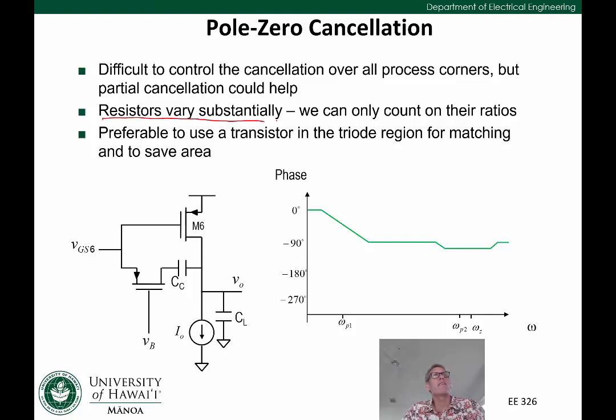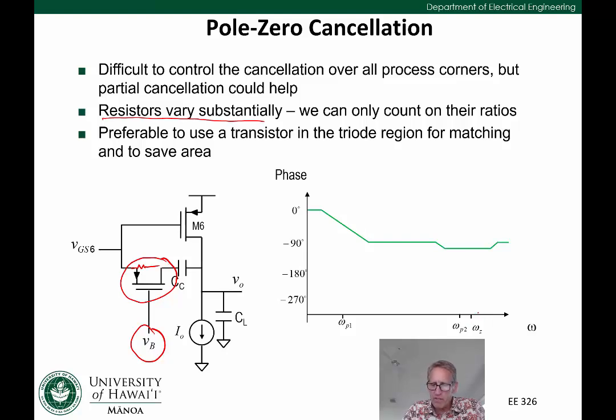So in practice, if you looked on chips, how they implement this is they add a transistor, not a resistor. They provide a bias voltage to make that transistor operate in the triode region, so it acts like a resistor to provide the cancellation. But again, due to process variation, we're going to get some movement, and you can't cancel the zero very reliably.